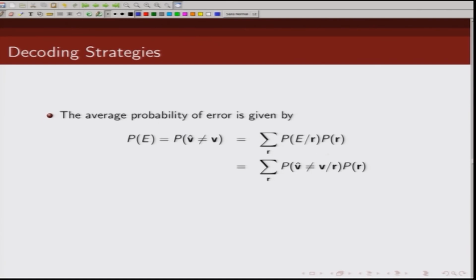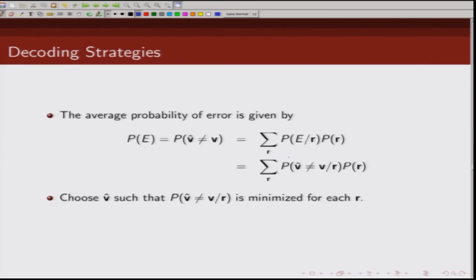So, if I want to minimize the probability of error, my decoding rule should be such that this is minimized. There are two terms in this, one is P of R and the other is this term.